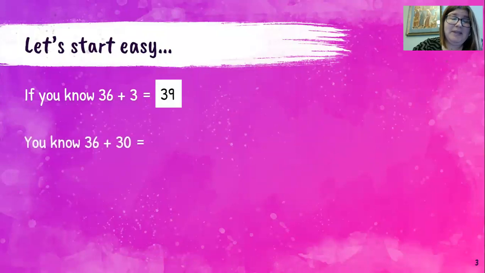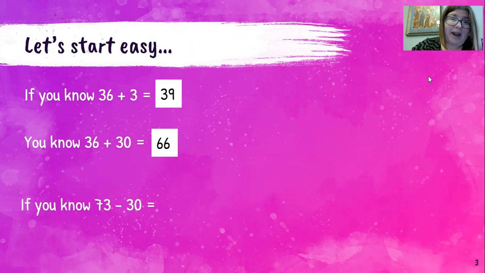Then you would easy peasy be able to add 36 plus 30, or 36 plus 3 tens. And that equals what? Right, 66. I almost got tricked because I almost put this 9 here and I almost said 69. Don't get tricked like me.